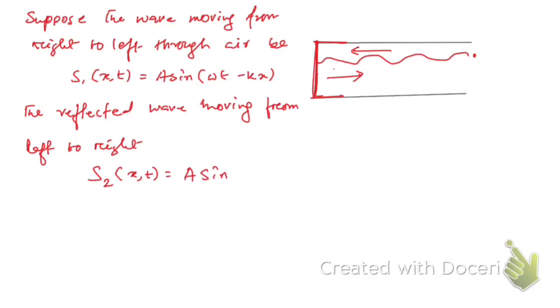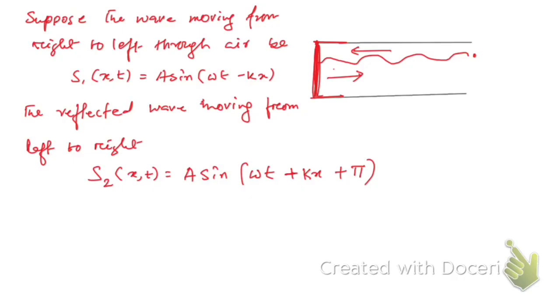Here the direction is changed, so instead of minus kx we're going to write plus kx, and since it is reflected from a rigid, closed boundary, there must be a phase change, suppose given by pi. Hope you have understood this.